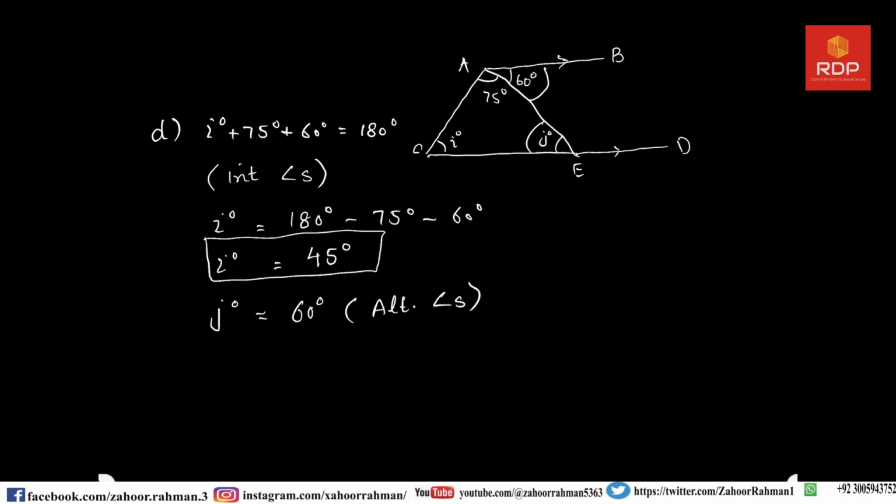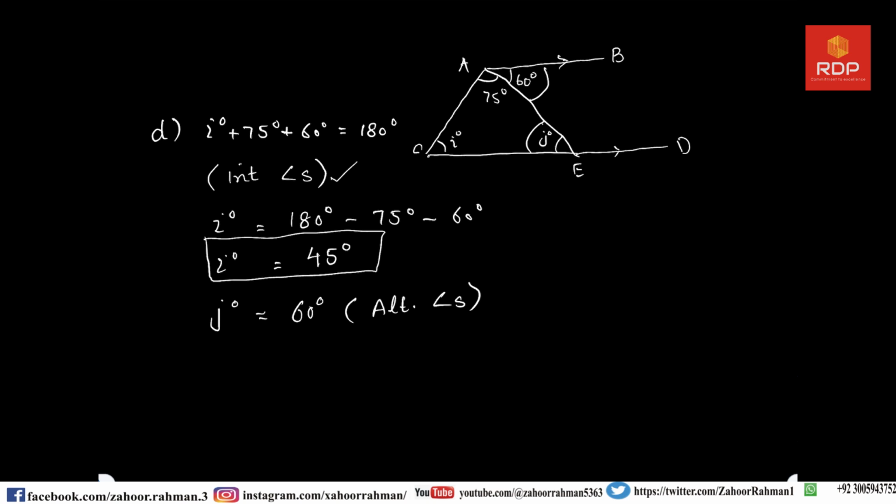So if we want to find I, then I plus 75 plus 60 degrees is equal to 180, because this is one complete angle, so you have to compare it with I. I am writing this 75 and this 60 here, and that is equal to 180 because of the interior angles.